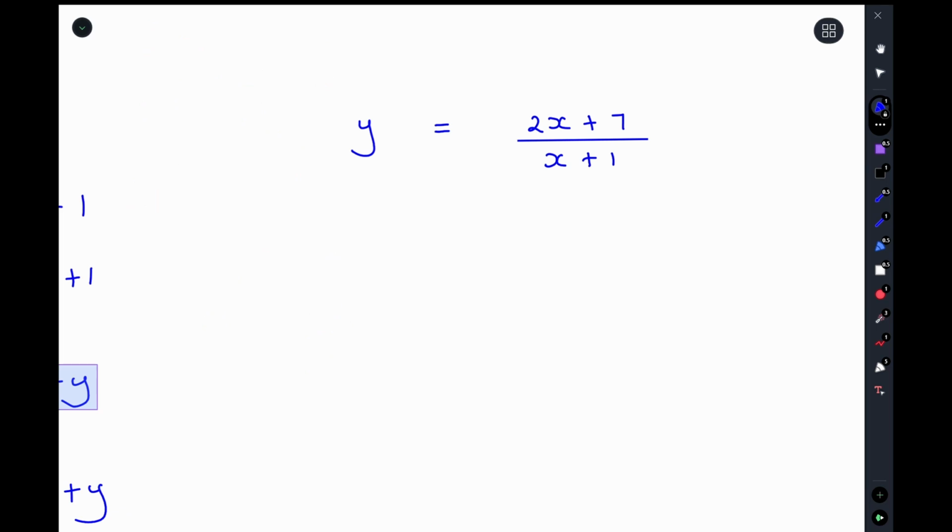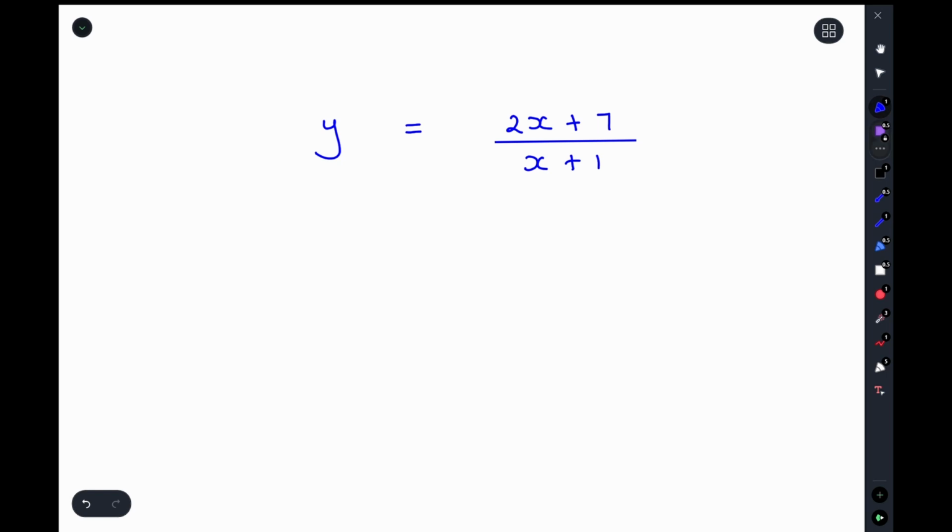So let's do one more question. We have y is equal to 2x plus 7 divided by x plus 1. We have x in two places, in the numerator and the denominator. What we want to do is take the denominator and move it to the other side.